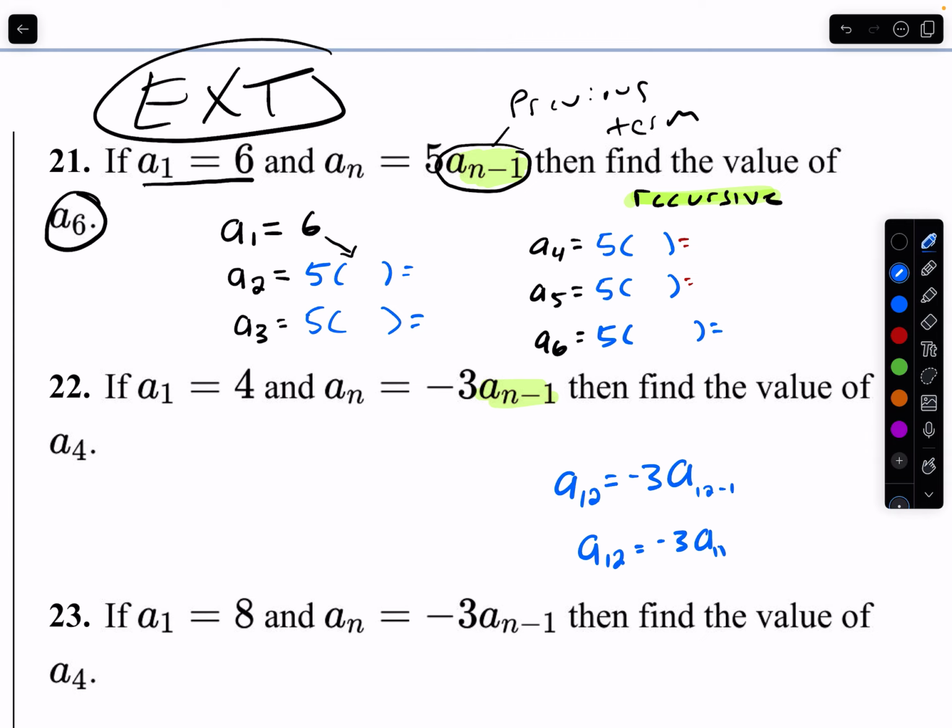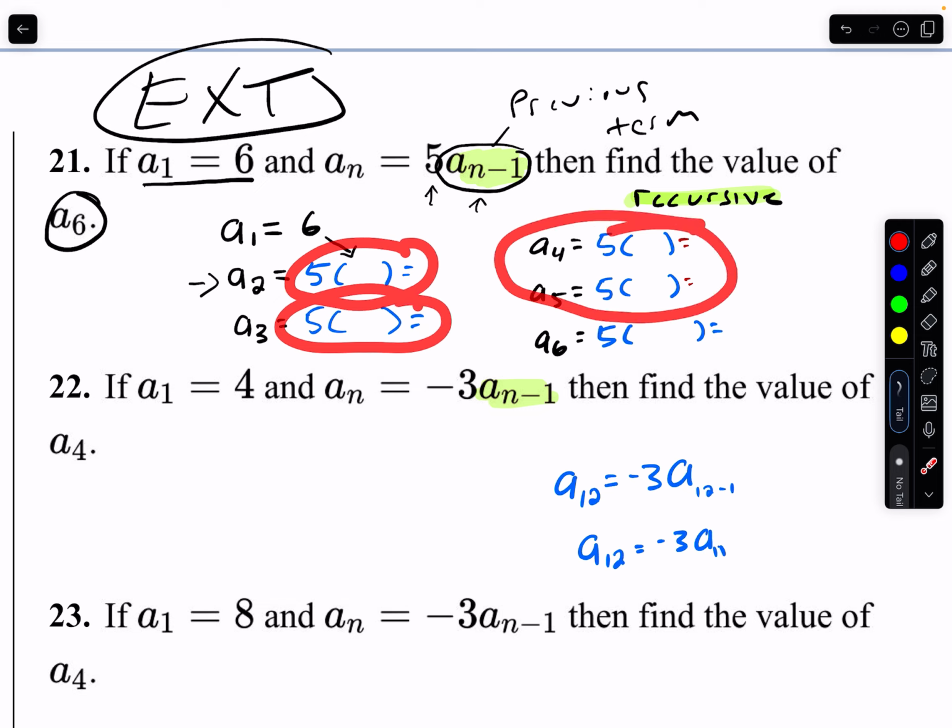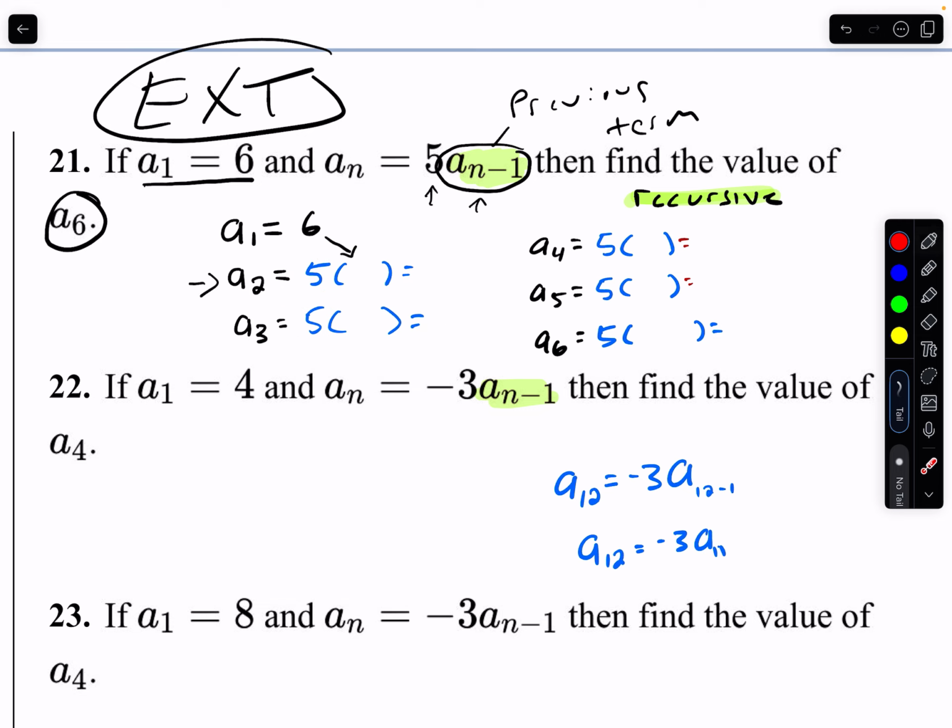So if I'm going to generate a term, the first term is 6. Now if I'm going to find the second term, the rule says 5 times the previous term. So you can see that I just set up all of these values, right? 5 times the previous term, 5 times the previous term. And what I'm going to do is just substitute in.